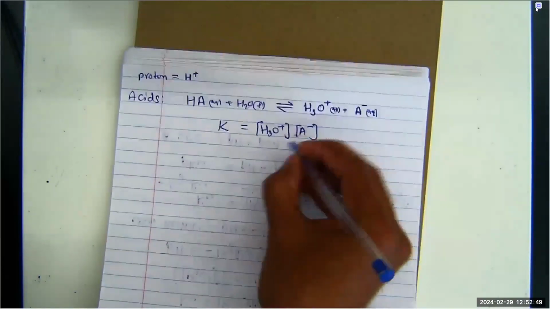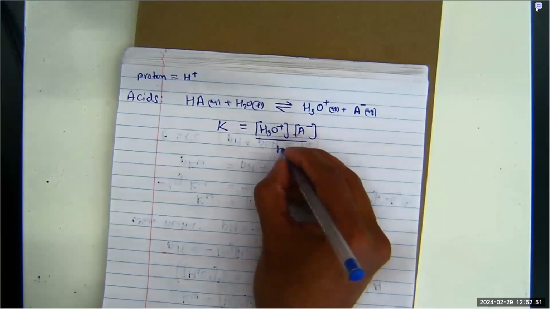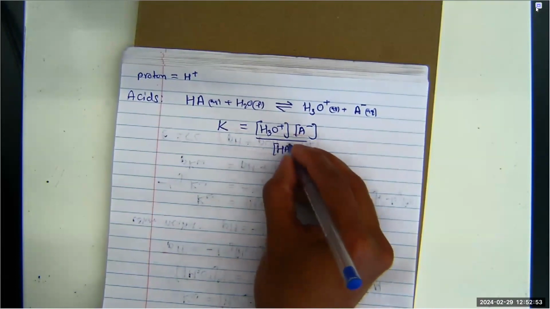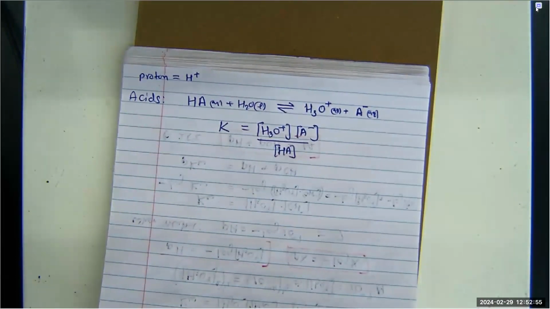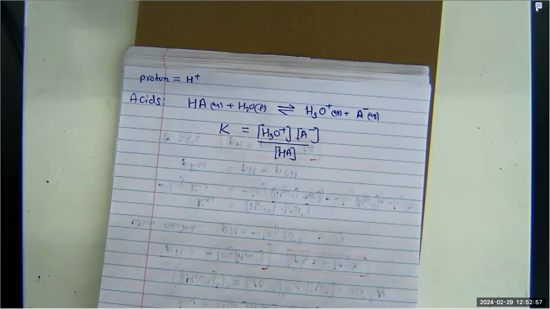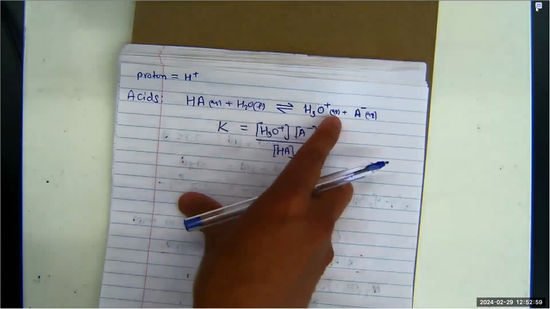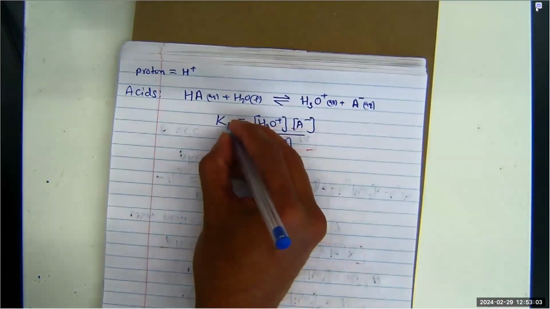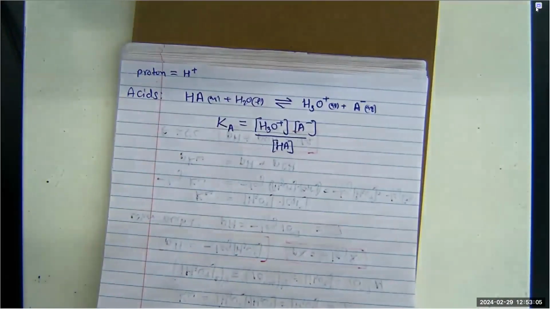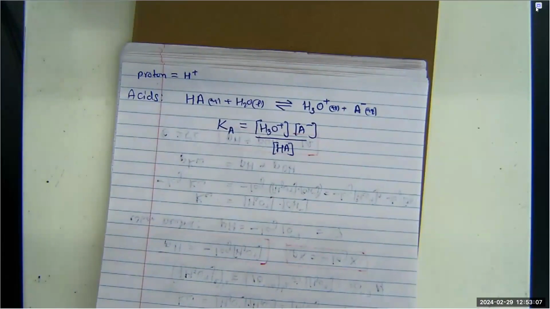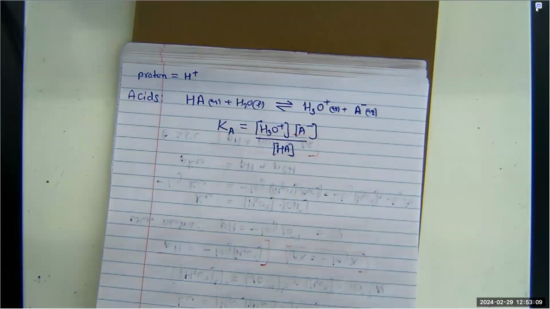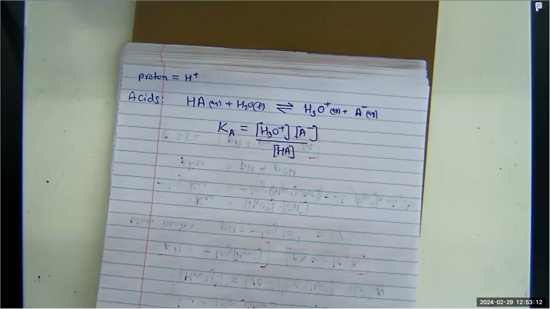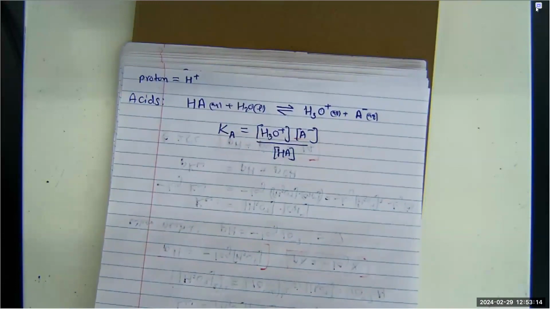These are my products, divided by HA concentration. Okay. And because I'm talking about acid dissociating, I'm going to call this K sub A. Why? Because this is acid dissociation. All right. What questions, concerns, comments do we have about this? Anything?